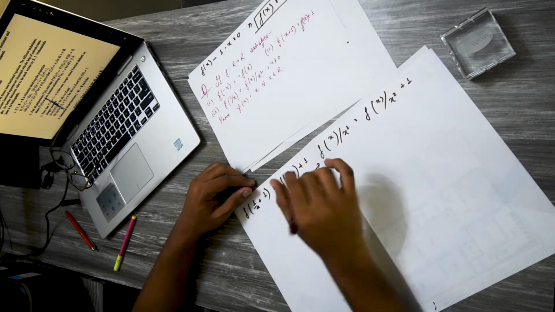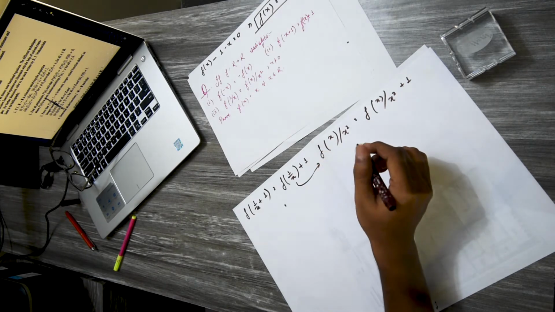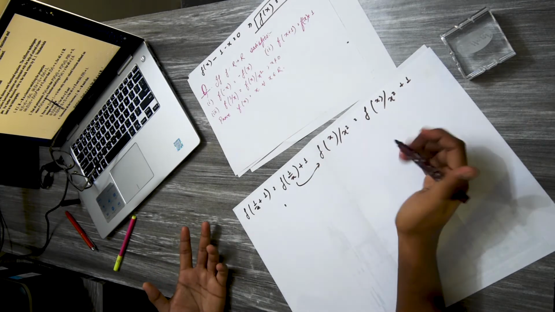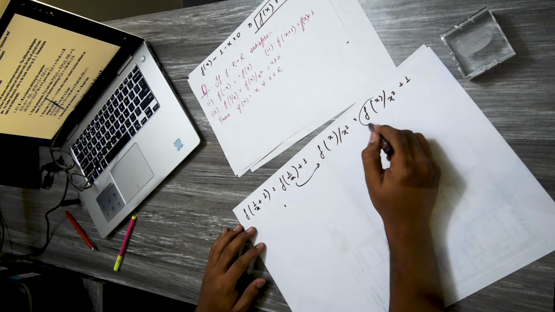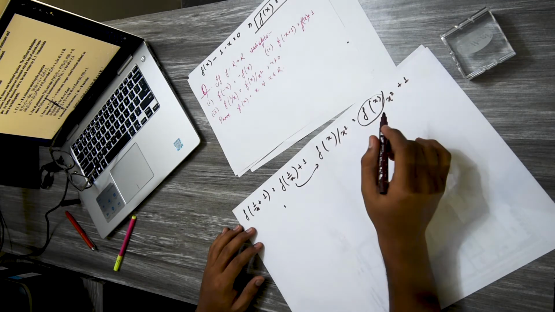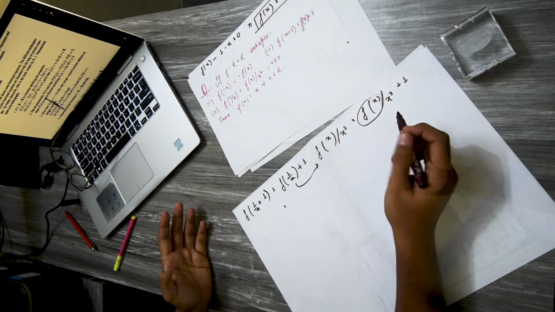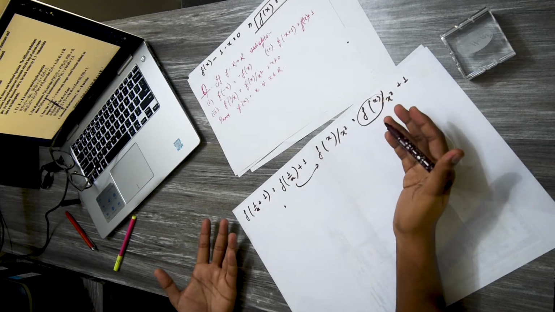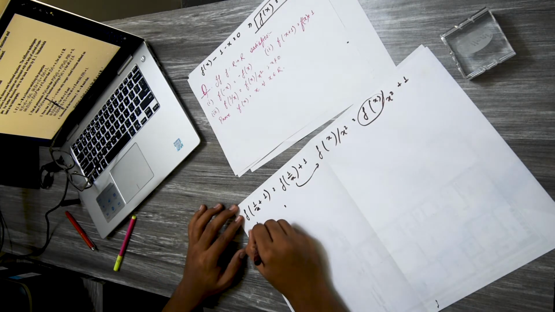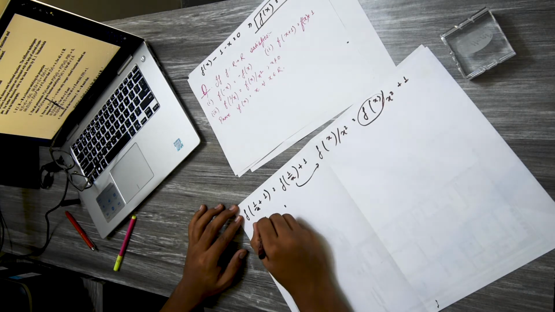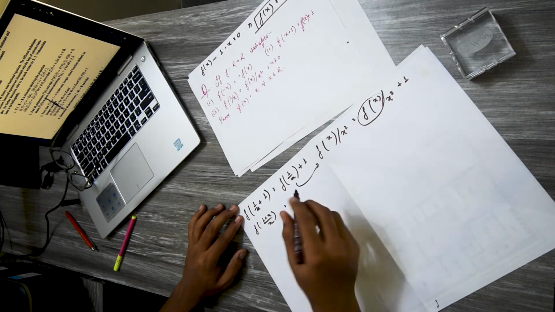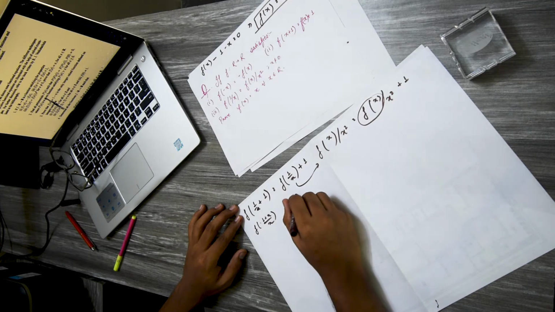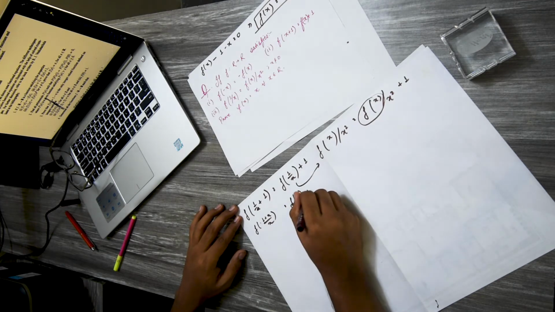Since we could have gone some other route as well, but this seemed like a safe route because we can directly find f(x). So we have sorted out the right hand side. We just need to sort out the left hand side here, which is f((1+x)/x), and this would lead to f(x)/x squared plus 1.